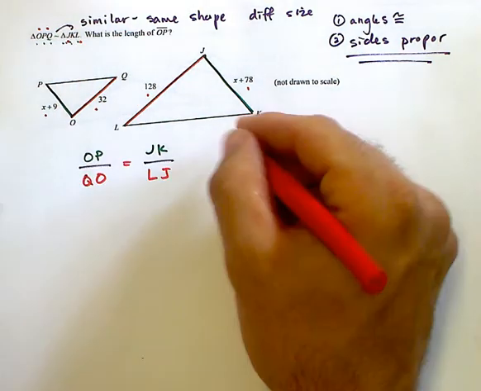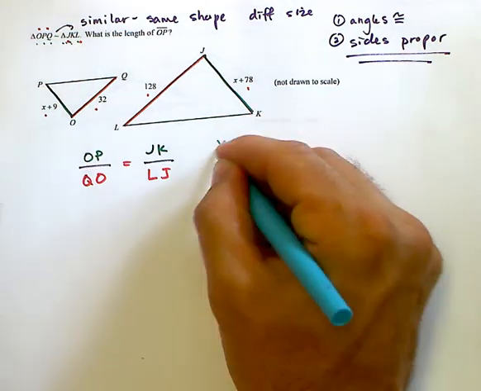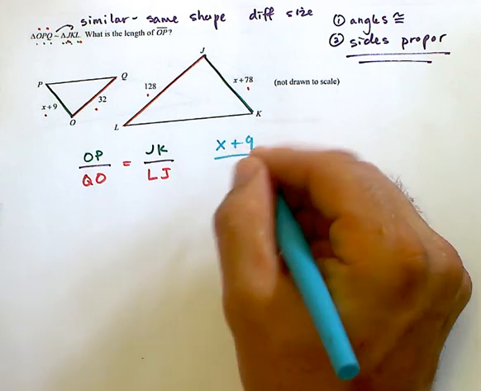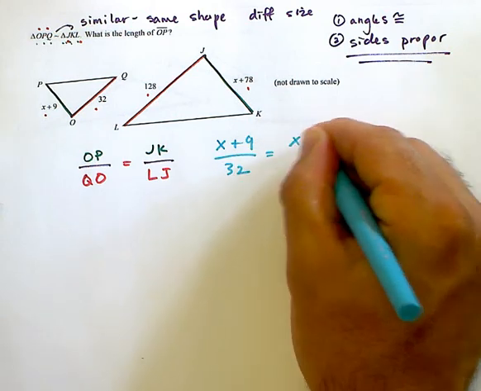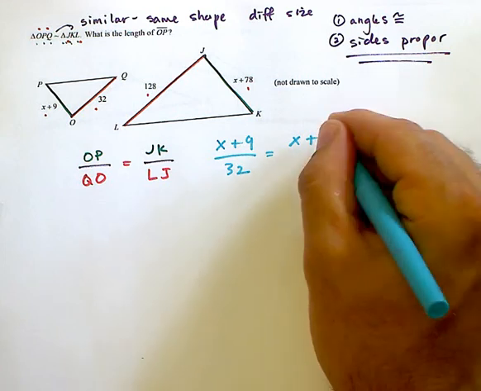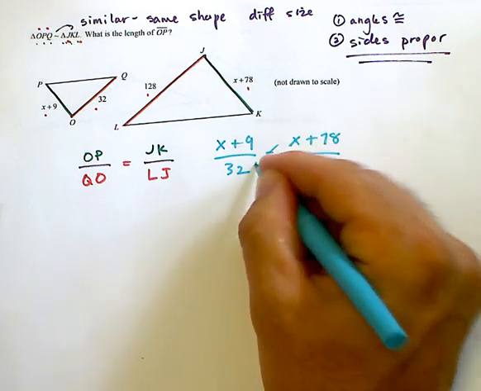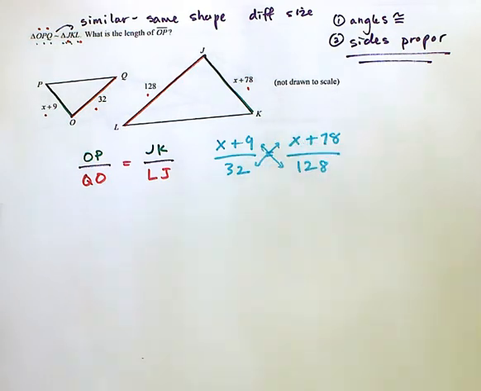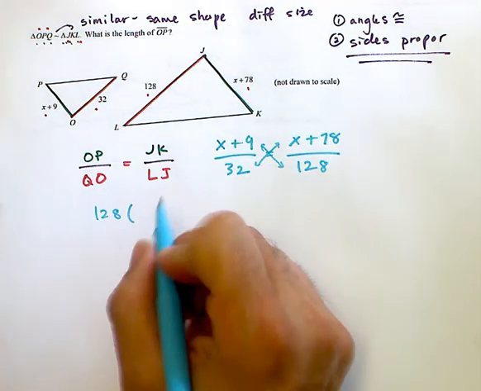So let me fill in here. X plus 9, which is OP, over 32, which is OQ, will be the same as X plus 78 over 128. Now I'm going to cross multiply, which means I'm going to actually have some distributing that's going on here.